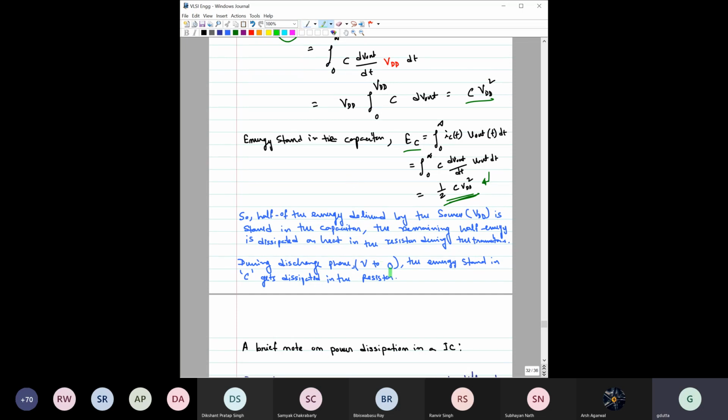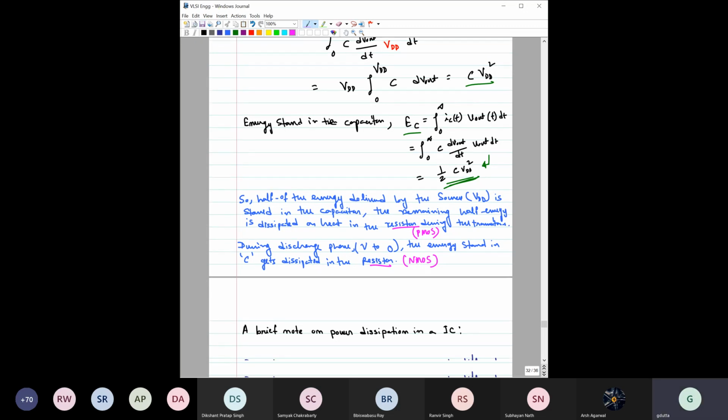So here this resistor means it is basically the NMOS, and here this resistor means it is basically the PMOS equivalent resistance, right? So I hope this part is clear to you. This is quite an important thing that we should understand and know. Fine. Okay. If there is no question, then we can move forward.